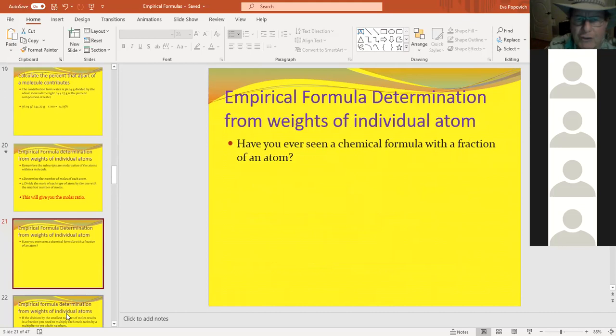Has anybody ever seen a chemical formula with a fraction of an atom? Does that exist? No. So if your ratio ends up having a fraction in it, you have to multiply that fraction by a whole number in order to get rid of it.